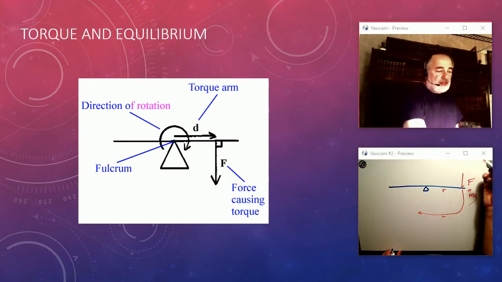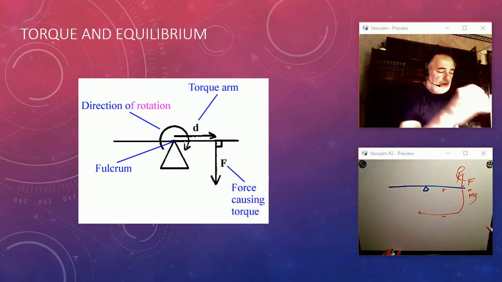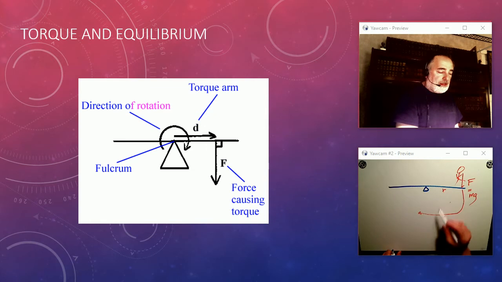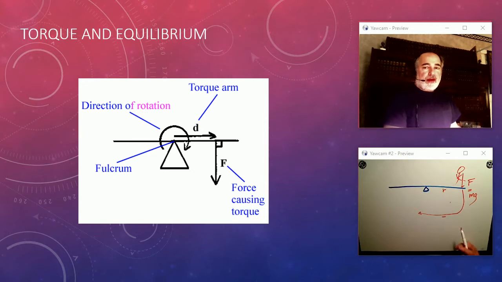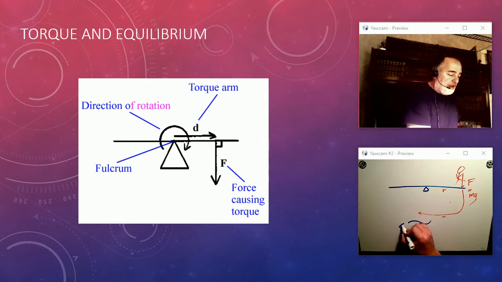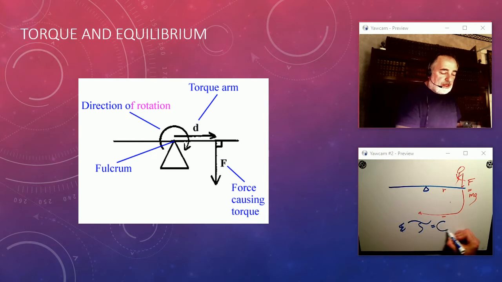Let's say this is a person sitting here or whatever it might be on this seesaw. And his mass in kilograms times gravity on Earth times this radius, how far from the pivot, would be this torque in this direction. If I wanted this to balance, the summation of all the torques in balance must equal 0.